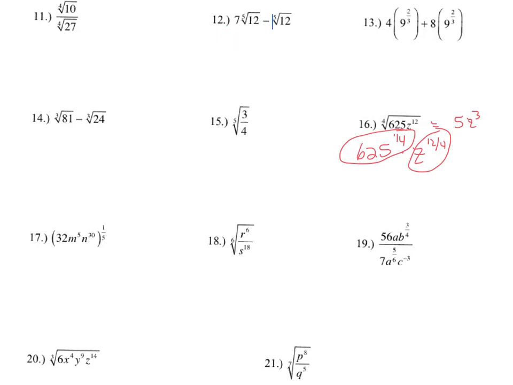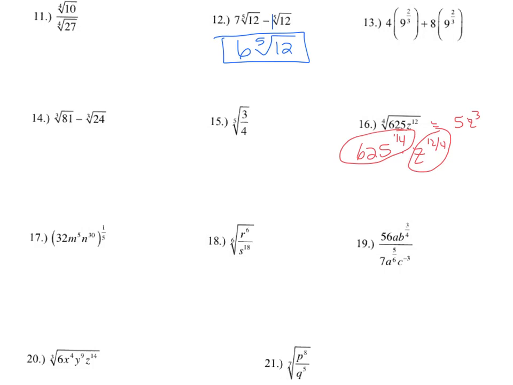So if you have 7 of them and you take away one of them, you're going to be left with 6 of them. So you have 6 fifth roots of 12. The radical is kind of like a variable. It's the same as if you had 7x, take away 1x, you'd be left with 6x. I know I can't break down the fifth root of 12 because 2 to the fifth power is 32, so there's not any fifth power inside of there I could take out.